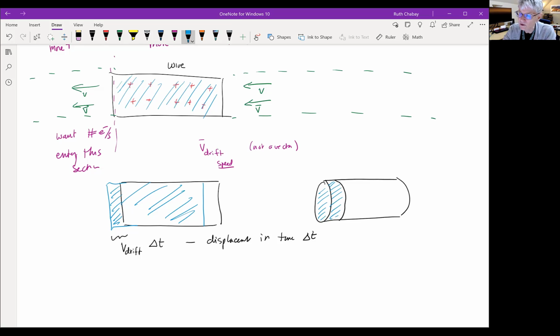That's the number that moved in a given time delta t. And we can calculate the volume of this disk. So we know this is a distance v delta t, and we know that there's some area here of this surface, the cross-sectional area.